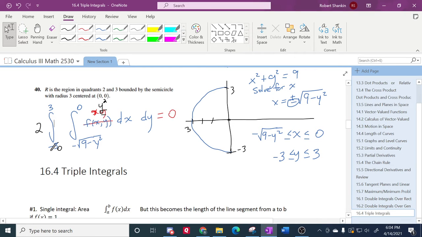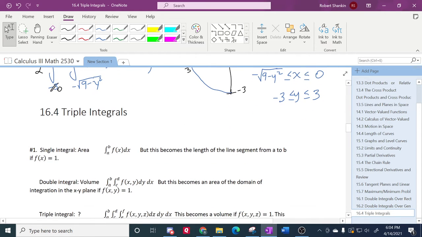All right, let's go to triple integrals. And so it's kind of a natural progression. We've just had double integrals. But you might be wondering, well, what is going to be the interpretation of a triple integral?